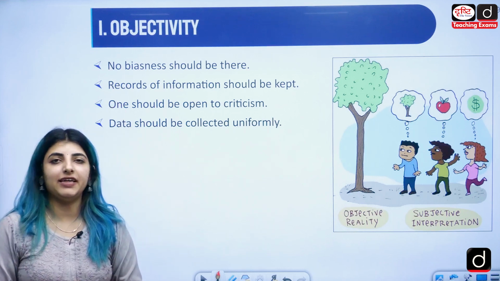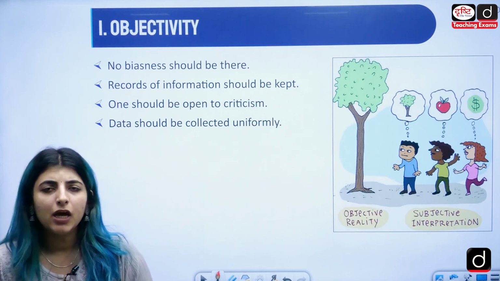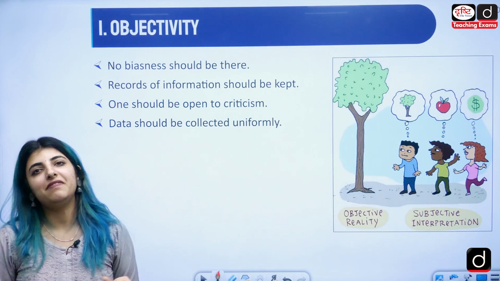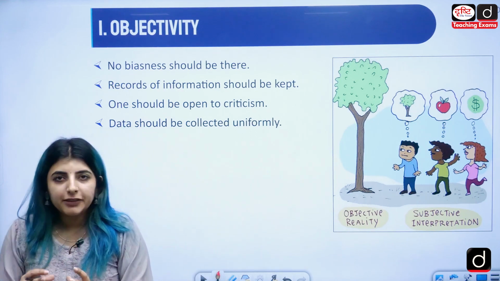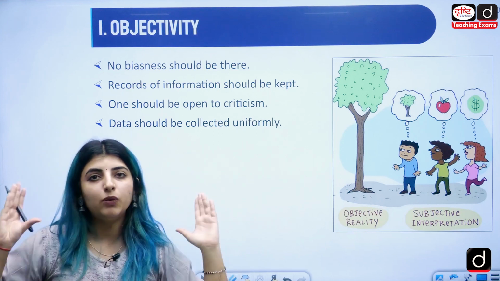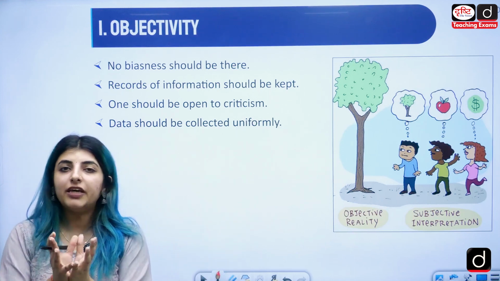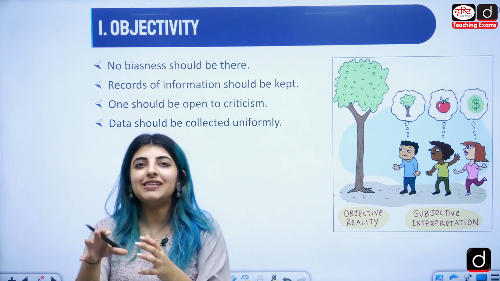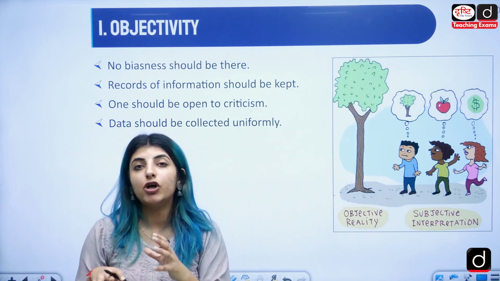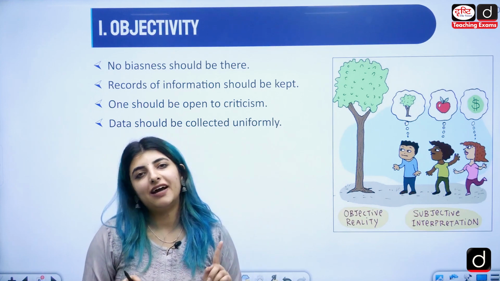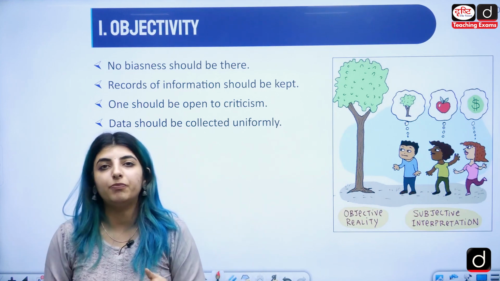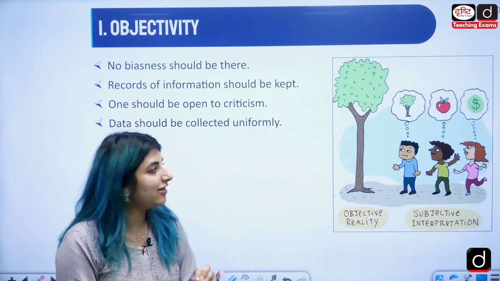The number one characteristic is objectivity, where I have tried to give you a brief definition: you do not need to be biased. You are a person, you are viewing the world, you are doing research, and if you pop your opinions up in that particular research, you're going to be biased. We do not need that bias in our research. Hence, the research should always be objective in its nature.